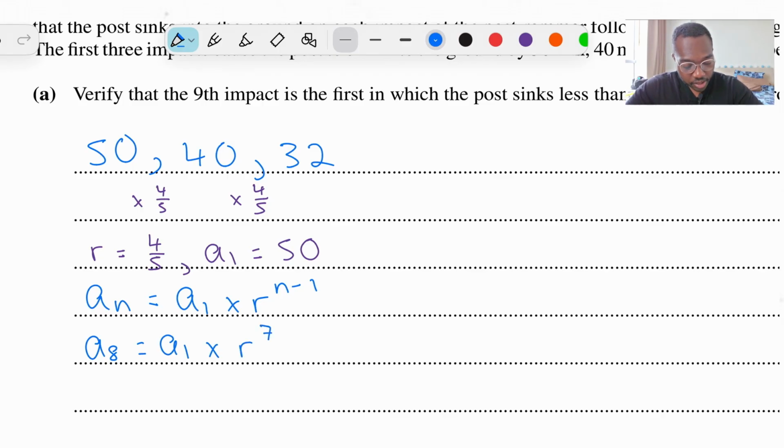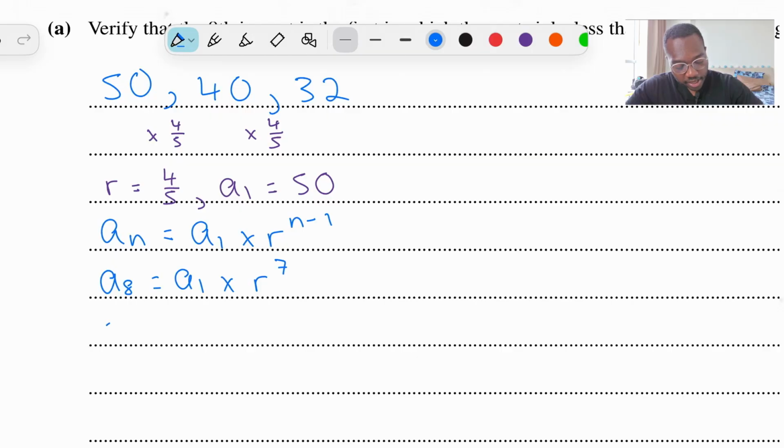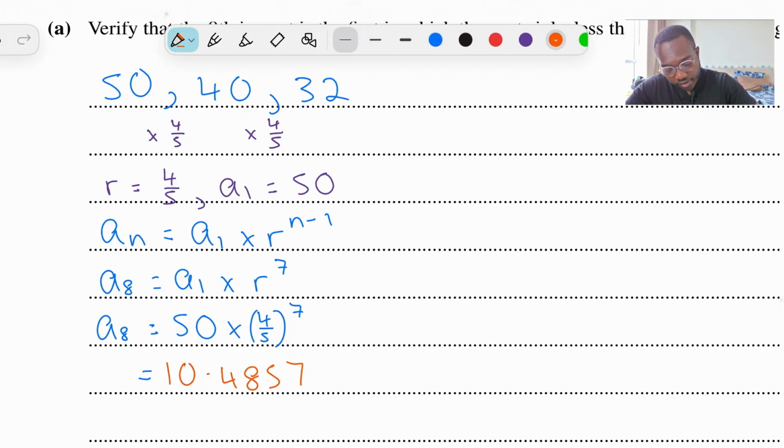A8 is 50 times 4 over 5 to the power of 7. If you work that out to loads of decimal places, you get 10.48576. That's good, we know the eighth term is still above 10, which is what we want to see.